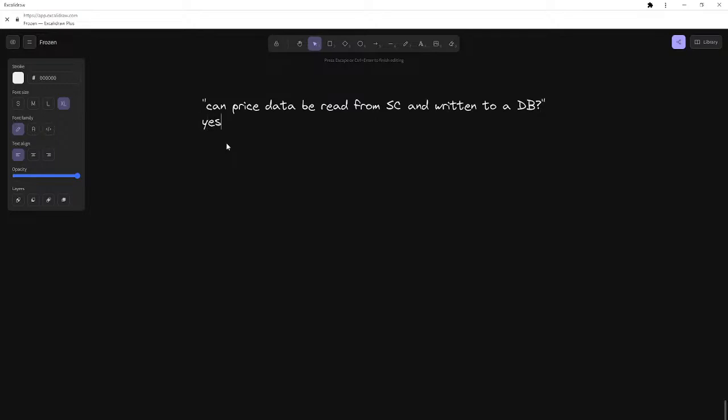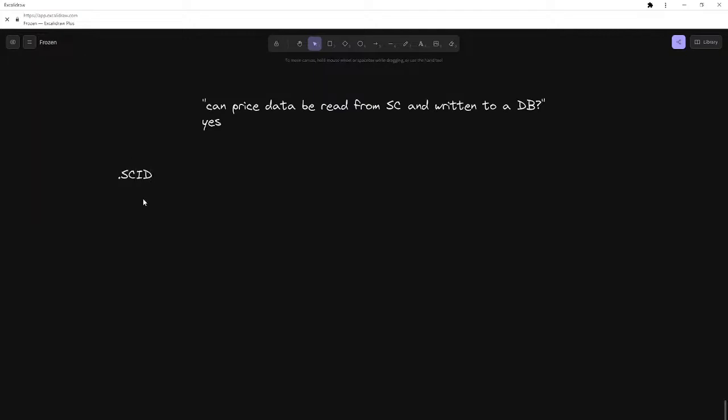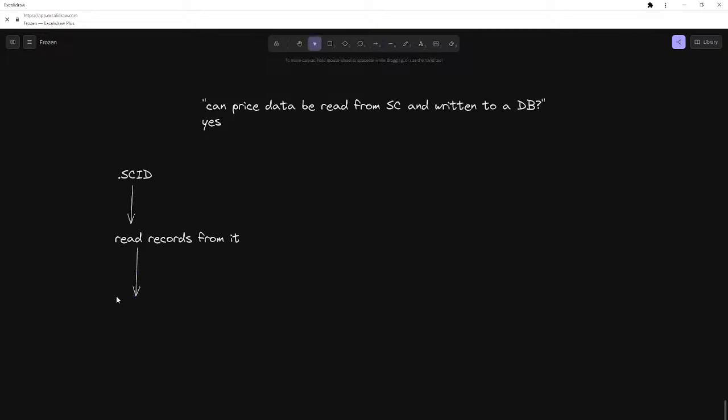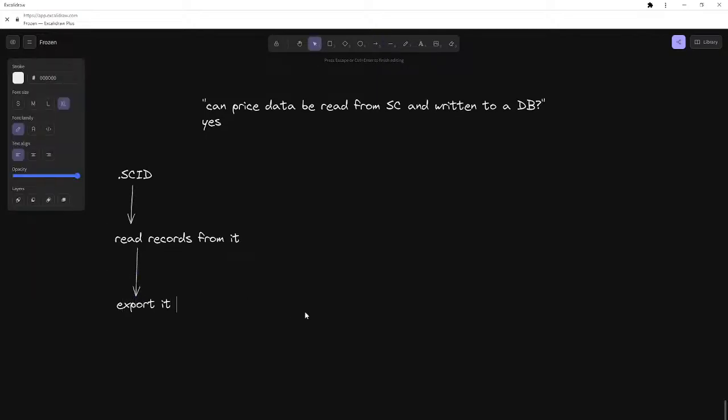And the answer is yes, because you can take the SCID file, read the records from it, and then export it to a flat file or any other adapter you build, such as to a DB.